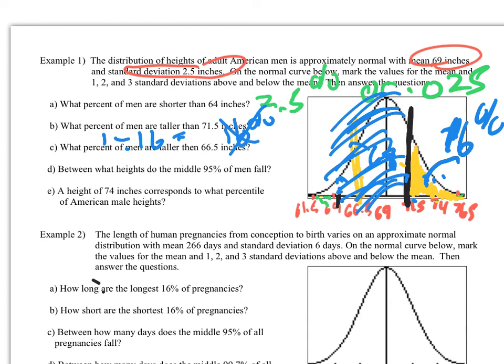So it's either 0.84 or 84%. Wait, how can 84% of people be taller? It's asking for taller. What? Hold on. It is this tail. I stand corrected. So it's just 16%.